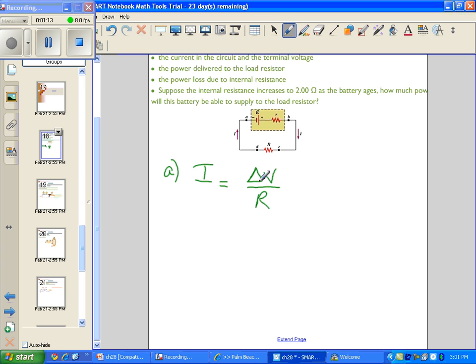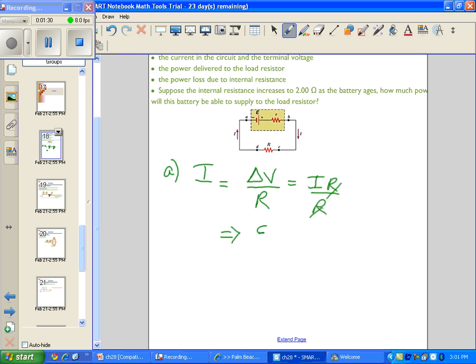In fact, delta V is going to be equal to IR, and if we divide that by R, we get nowhere.